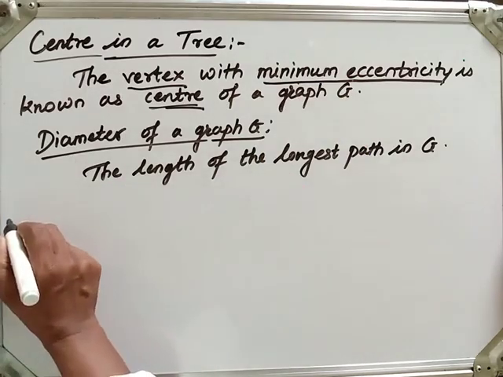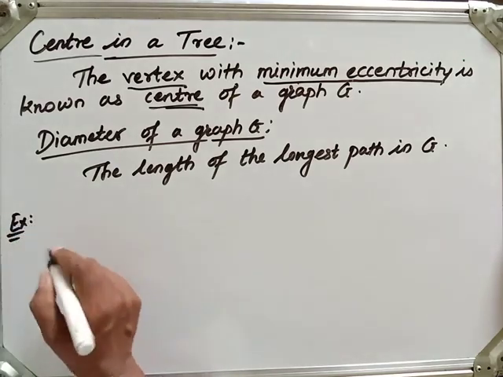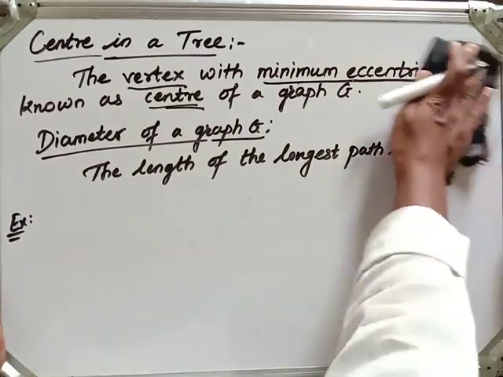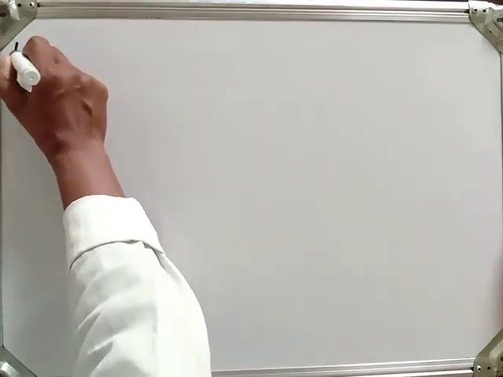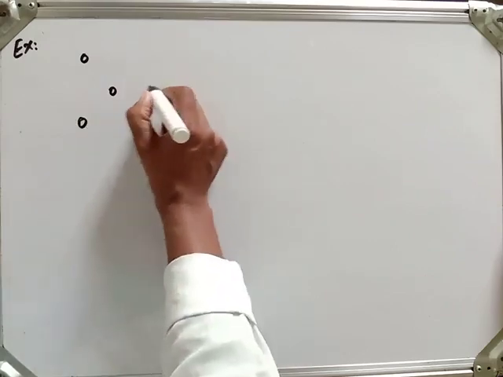Now let's take the example. We will determine the eccentricity and the center for that example. Suppose we have this tree.